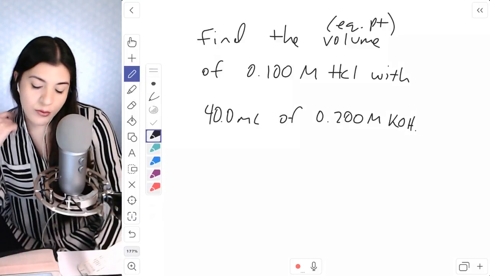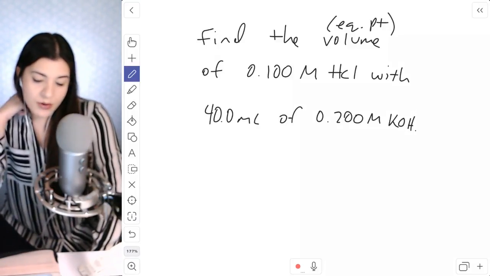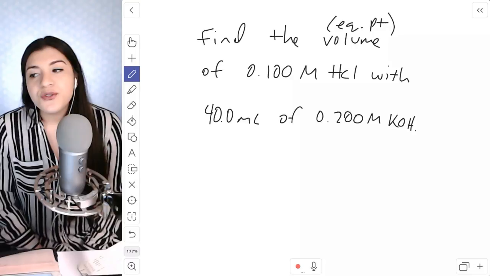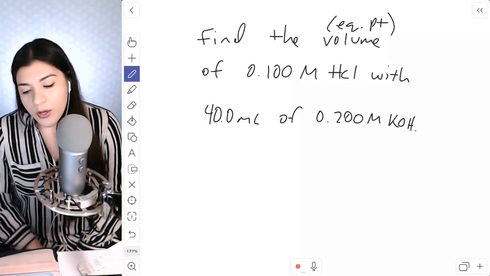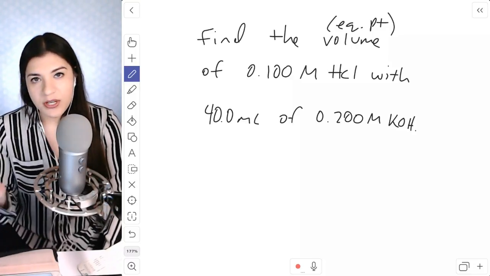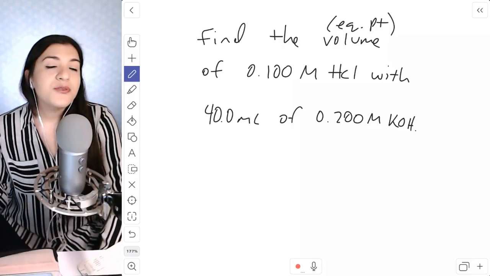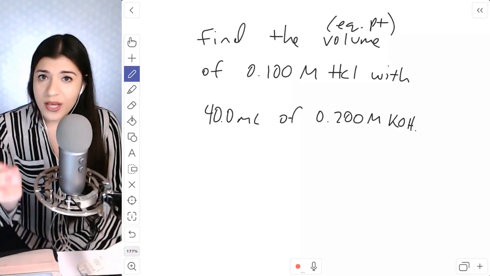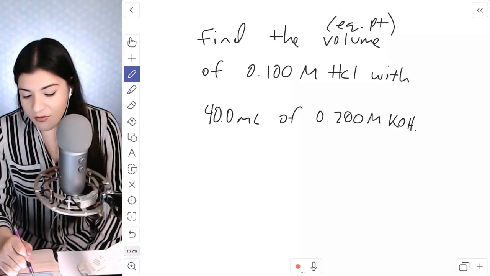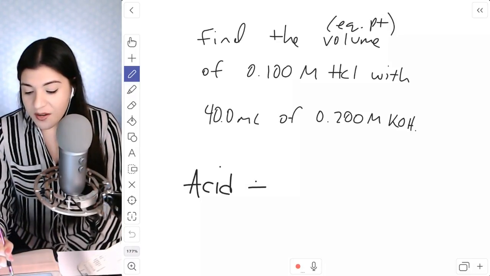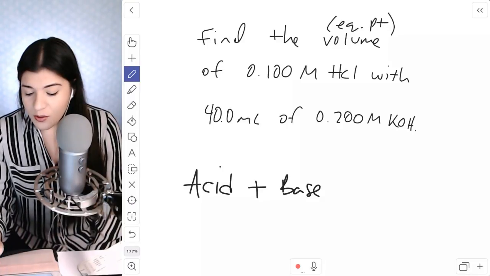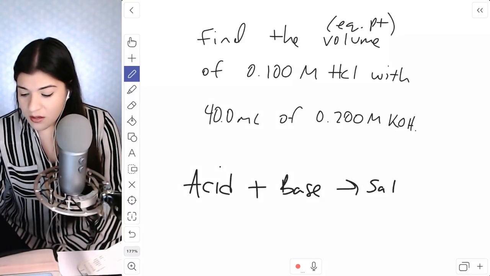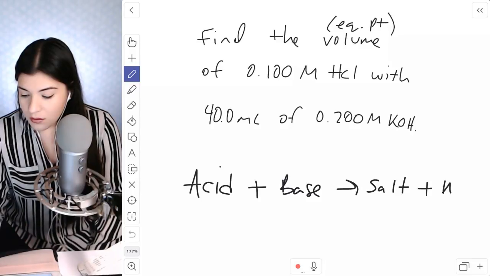So this is how to figure out what your equivalence point is. The first thing I would do with these types of questions is write out the balanced equation. With these titration questions, it's really just an acid-base neutralization reaction. We have our acid, we add base, and that forms a salt and water.